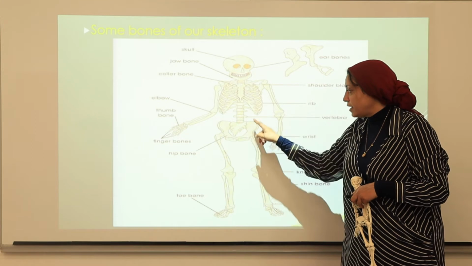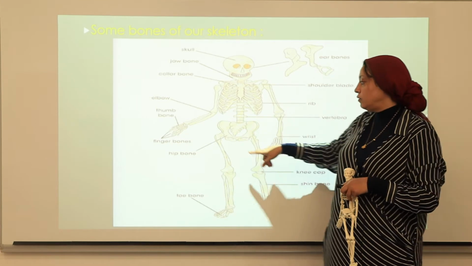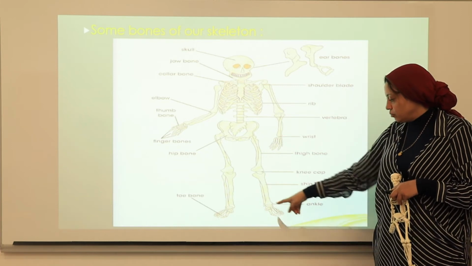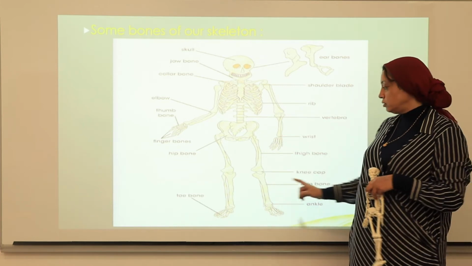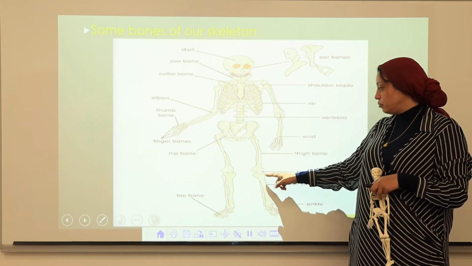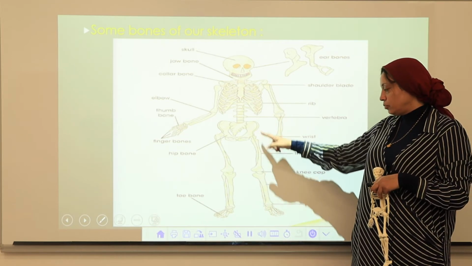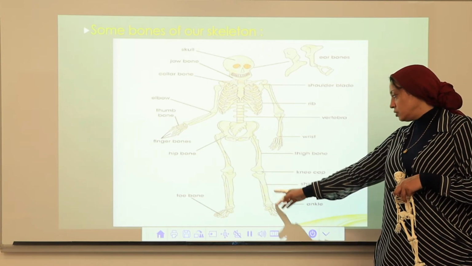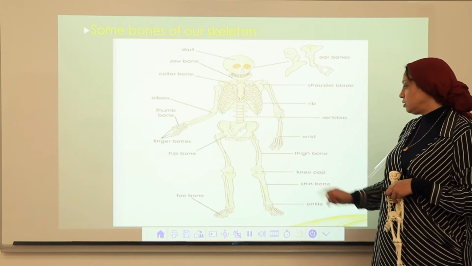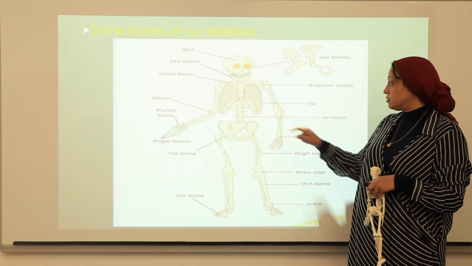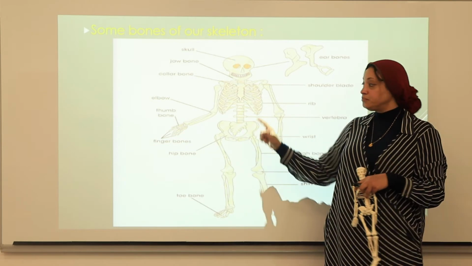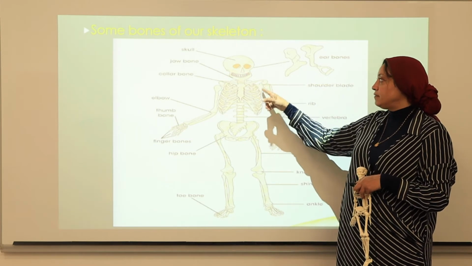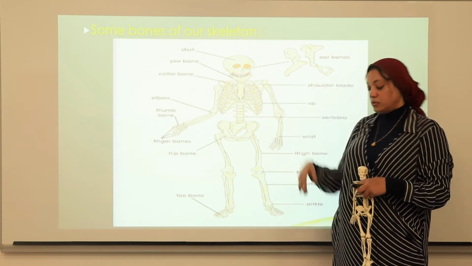Then here's the hip bone, and then we have the toe bone, and then ankle bone, chin bone, kneecap between the thigh bone, the upper leg bone, and the lower leg bone, which is the chin bone. We have between them the kneecap. Then we have the wrist, and then the vertebra, and then we have the ribs and shoulder blade, and as I said, the ear bones.